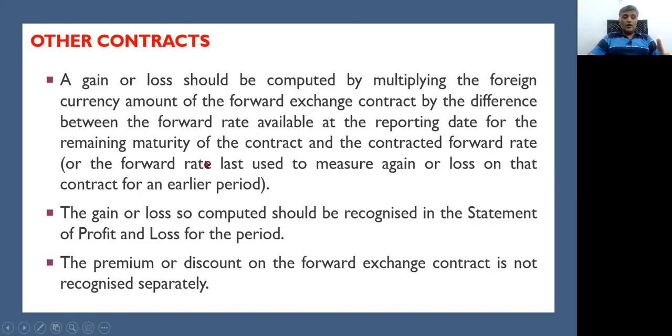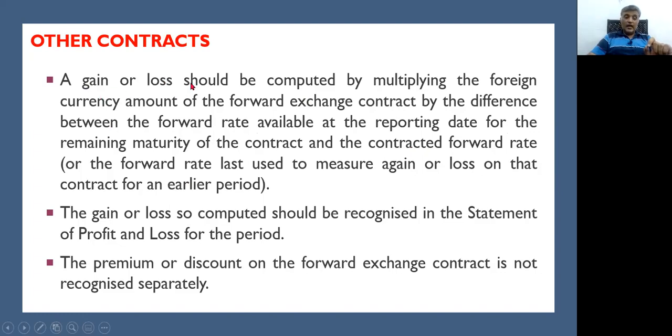But what about other contracts, like forward exchange contracts which are held for the purpose of speculation or trading? Now what they say, simple, you need to calculate a gain or loss, because since it is for speculation or trading, you would have already contracted a rate. You have something called a contracted forward rate.